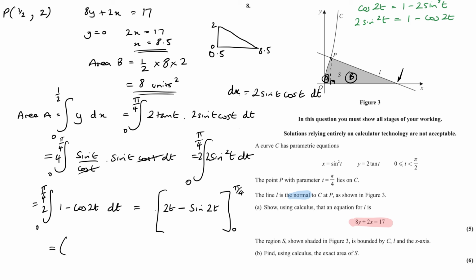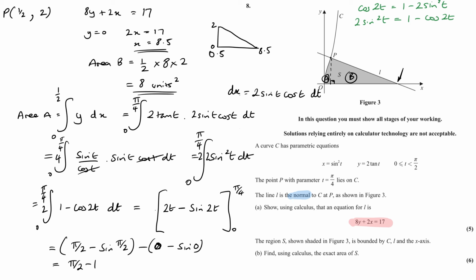So here we'll have pi by 2 minus sine of pi by 2, minus 0 minus sine of 0. So we've got pi by 2 minus 1, and obviously the rest is 0 here.